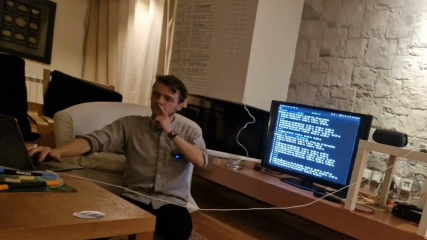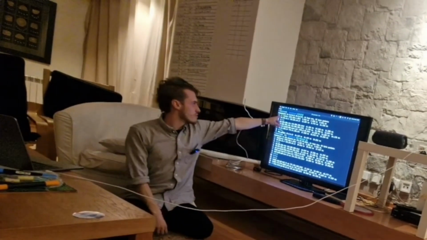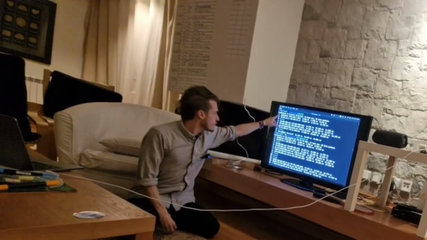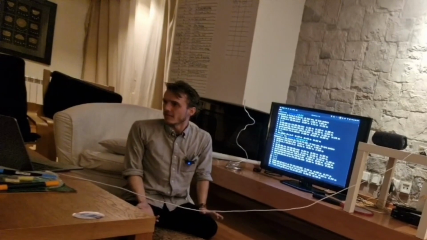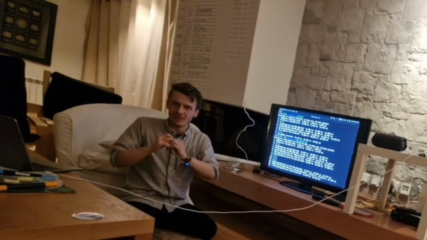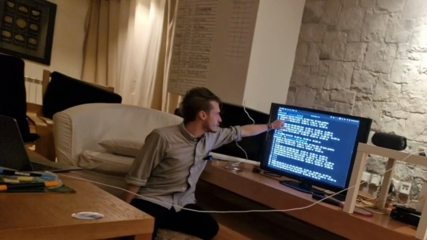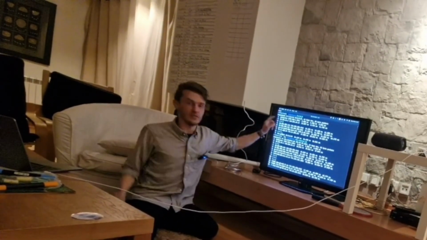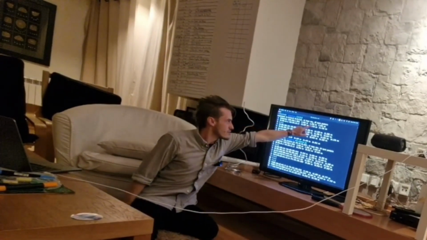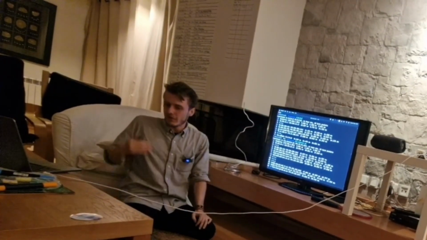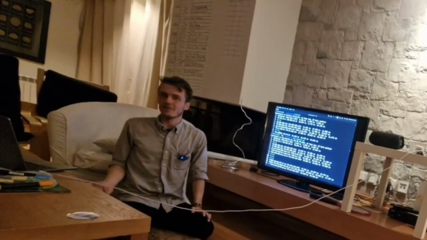For example, if you are on a shitty Wi-Fi, you do traceroute to Google, and if the first hop is already slow, every Wi-Fi does NAT in practice. Technically not required, but pretty much any Wi-Fi does NAT. And if the first hop, the local device, in this case called DSL device, our router, already has an extremely high latency, then you know it's somewhere between your laptop and the router, likely the Wi-Fi itself.